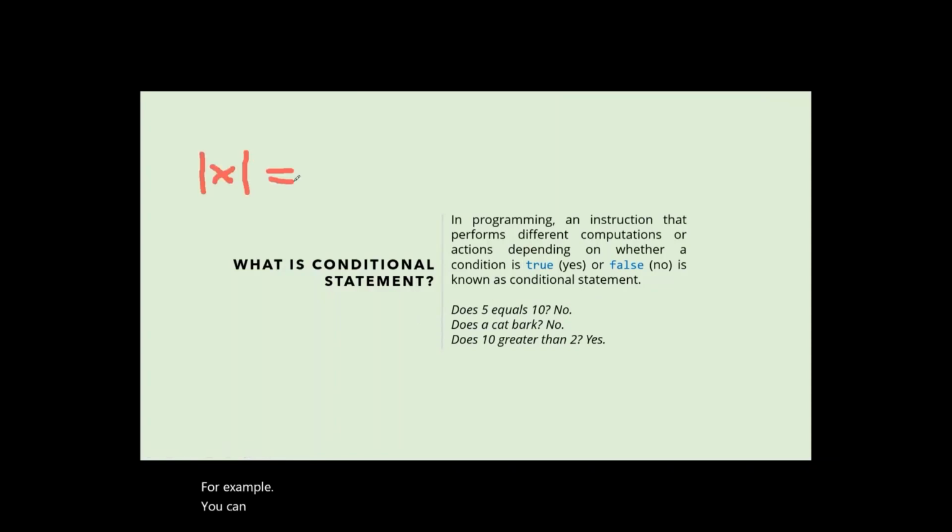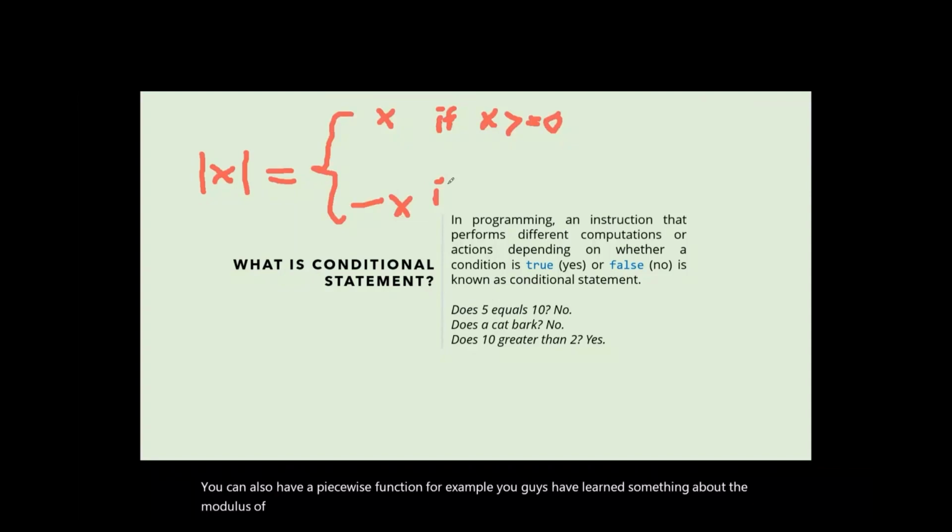So the modulus of x, or the absolute value of x, can be regarded as a piecewise function. It will be x if x is greater than or equal to 0, and it will be minus x if x is less than 0.